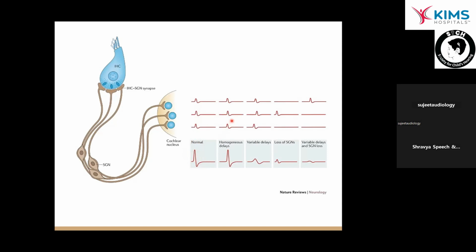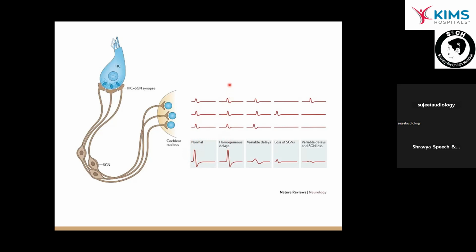Whereas there can be a demyelinating pathology. Demyelinating pathology means the myelin sheath is missing in the neurons. Now suppose the myelin sheath is missing by an equal amount in the neurons. As I said, the myelin sheath is responsible for faster conduction of the action potential. So if there is a demyelinating pathology, there will be a delay in the signal, so timing will be affected.